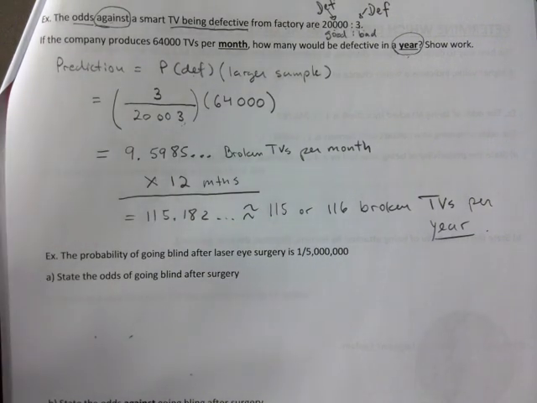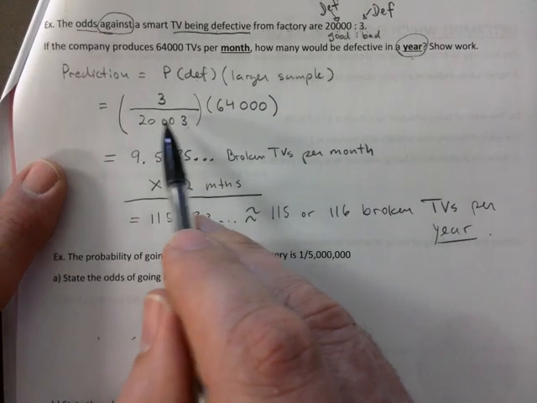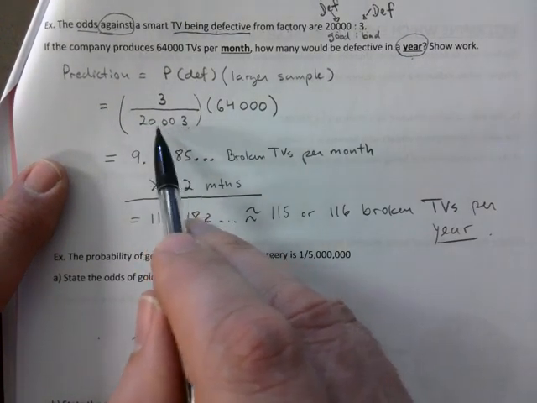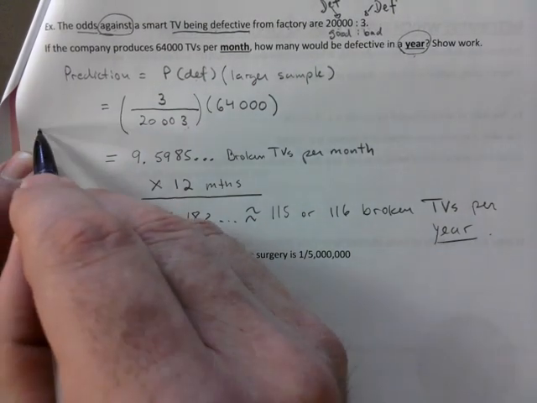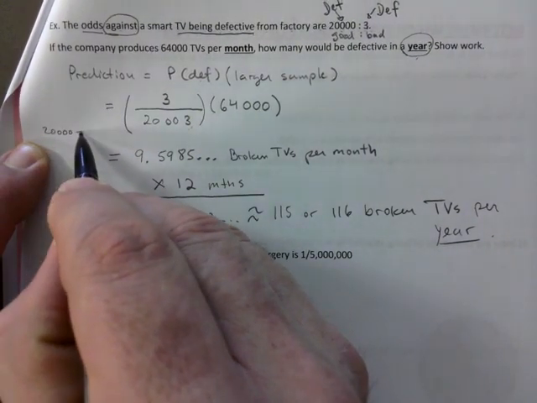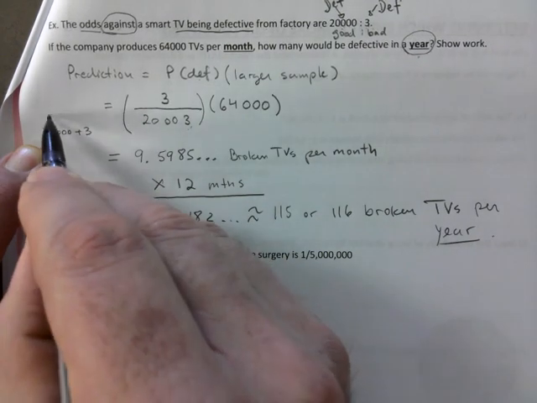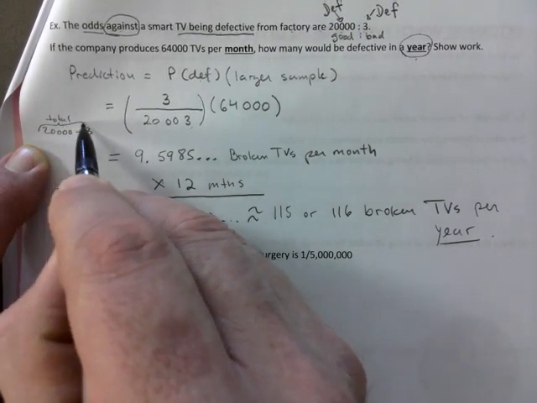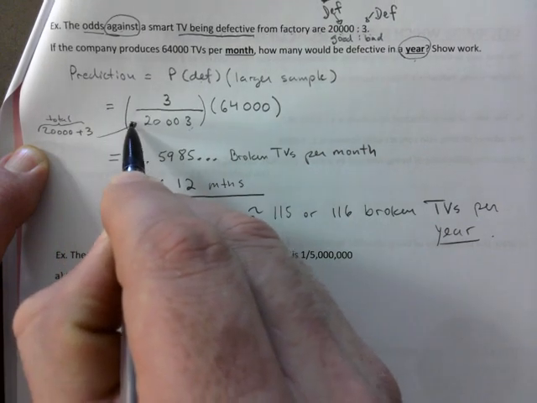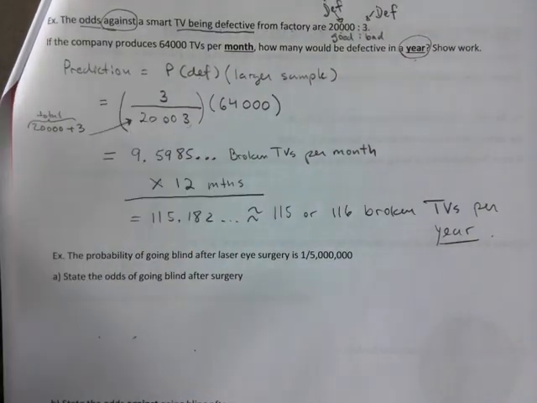I would have gone 20,000 plus 3. I don't know if you feel like you need to add that. 20,000 plus 3, right? This is the total. That's how I came up with that.